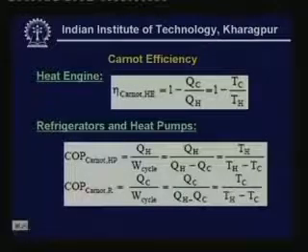For example, in the case of a heat pump, the required output is the heating output QH and the effort is the work input to the system. So the COP is defined as QH divided by W. In the case of a refrigerator, the required output is the cooling output, so we write it as QC, and the required effort is work input, so we write COP as QC by W. It is very easy to show from these equations that the COP of a heat pump will be equal to the COP of a refrigerator plus 1.